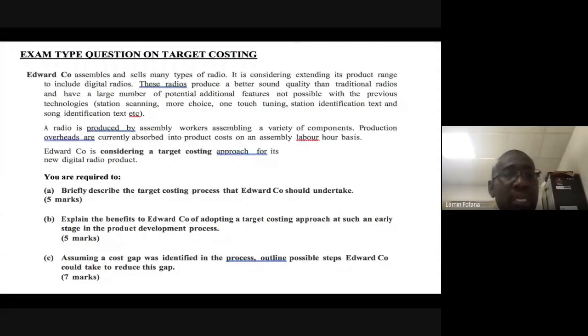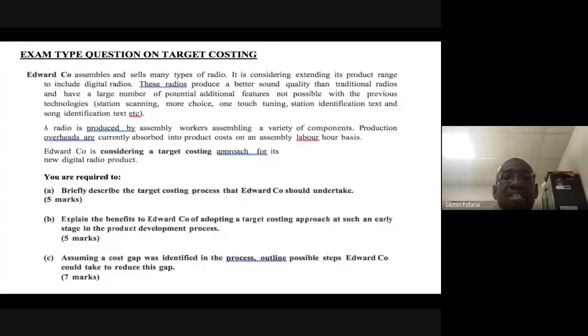First, we undergo a market research, the purpose of which is to determine a target selling price. The second point is we have to determine our target profit. In order to determine the target profit, we have to make reference to the organization's policies in terms of determination of profit. That will usually be stipulated in the financial manual of the organization.